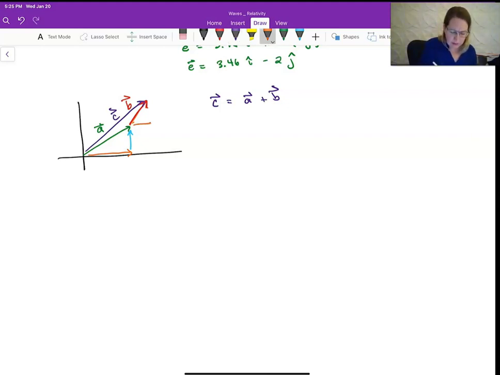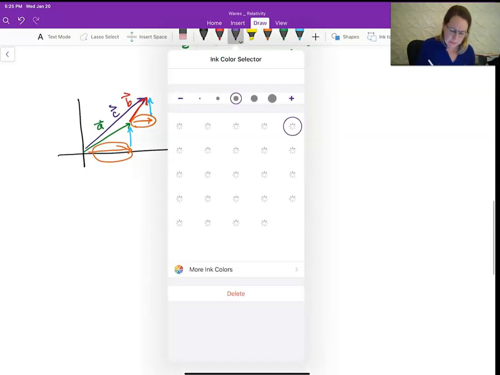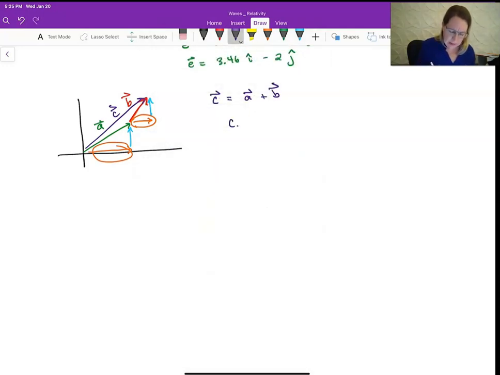And so if we look at this in terms of its A and B components, we can see that the x part of C is made up of the x parts of A and B. So Cx is equal to Ax plus Bx, and similarly, Cy is equal to the y parts, is equal to Ay plus By.